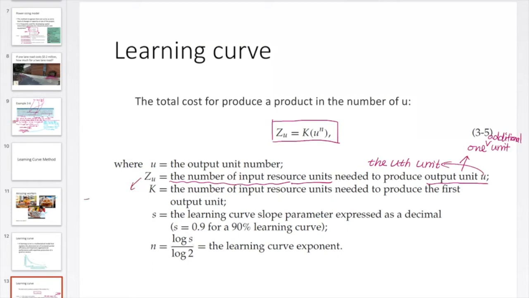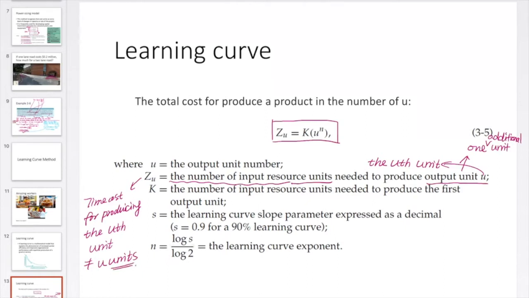And the Z_U is actually the time cost for producing the U-th unit. So that's just the additional time cost for that one more unit. It's not the total cost for producing U units, okay? So not U units. What's the difference? You have to make it clear.